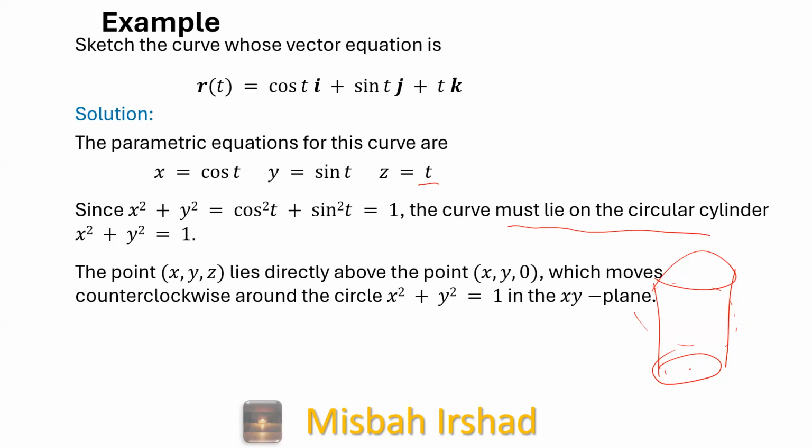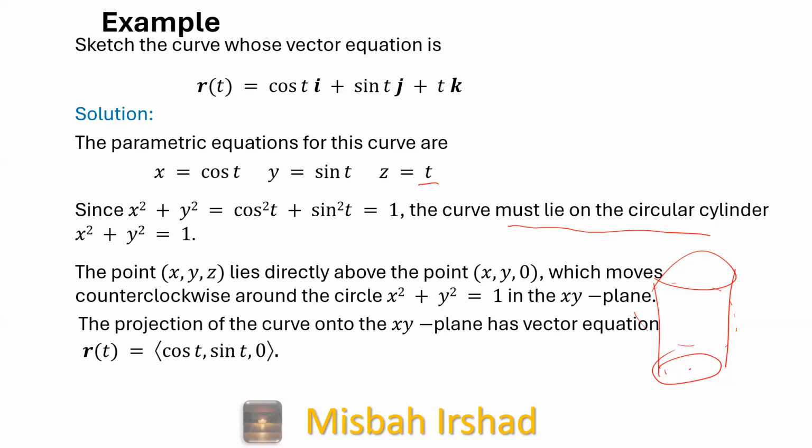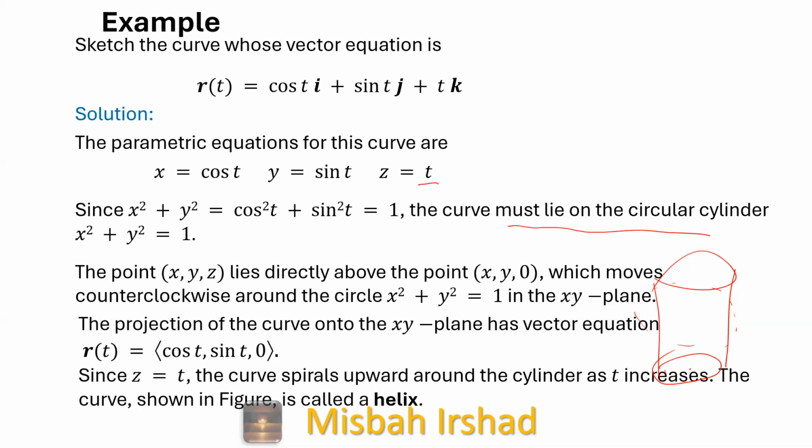So we'll start with (1, 0, 0) on the xy plane, and then we'll move around the cylinder by having different points. If t is equal to, for example, pi by 4, then sine pi by 4 is square root 2 over 2.